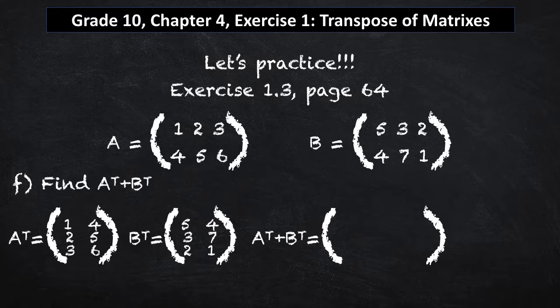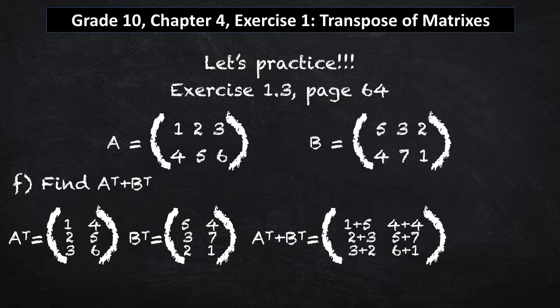And we recall that the sum will be, in every element, the sum of the elements of the initial matrices. So for example, in the element 1, 1, we find 1 plus 5 because the element 1, 1 of transpose A is 1 and the element 1, 1 of transpose B is 5.